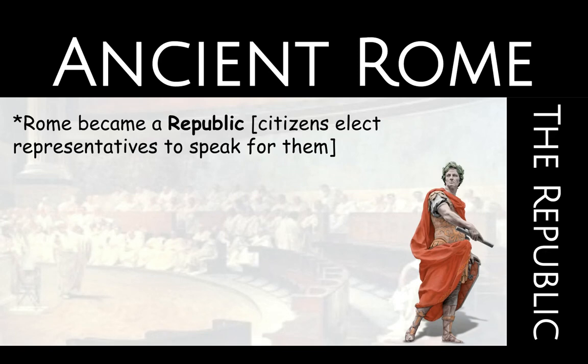Well, that was fine for a city-state like Athens, but in Rome, there were way too many eligible citizens for them to all be able to vote on every single issue. So it made more sense for them to become a republic. So instead of all eligible citizens voting on every single issue, they instead chose representatives to speak for them in the government.